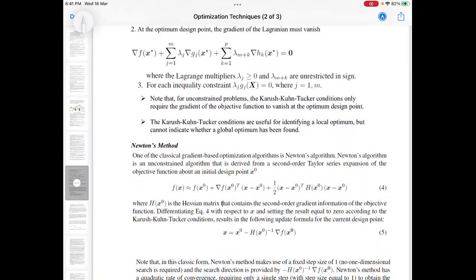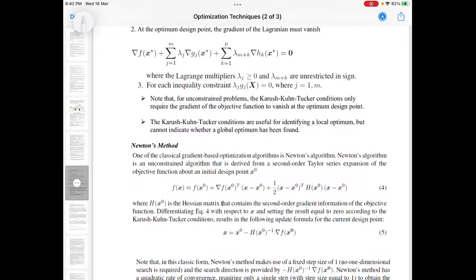So f(x) ≈ f(x0) + ∇f(x0)ᵀ(x − x0) + 1/2 (x − x0)ᵀ H(x0)(x − x0). It is in matrix form, and we take the transpose of (x − x0), and H is called the Hessian matrix.